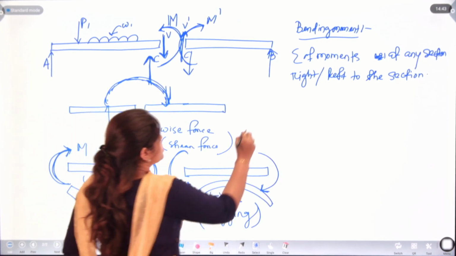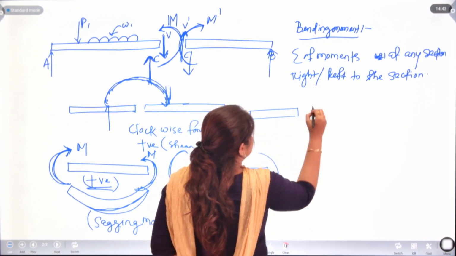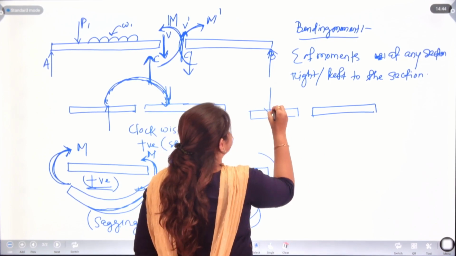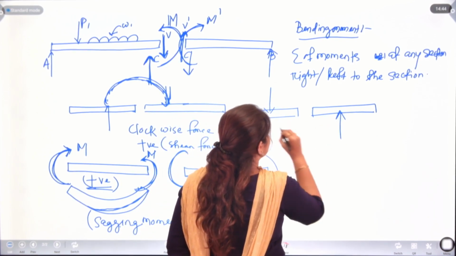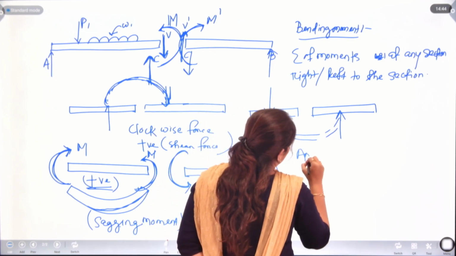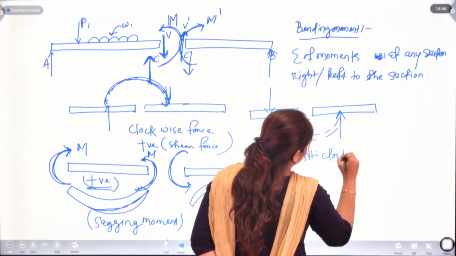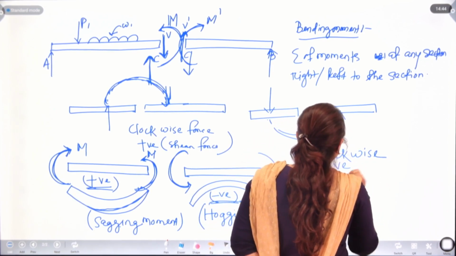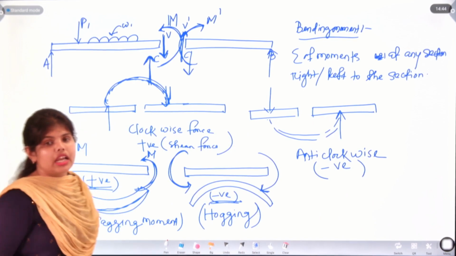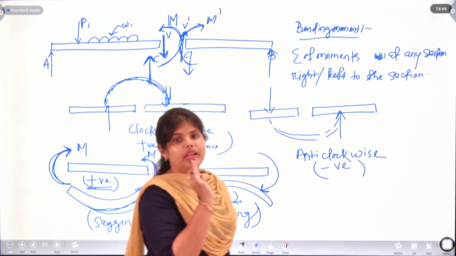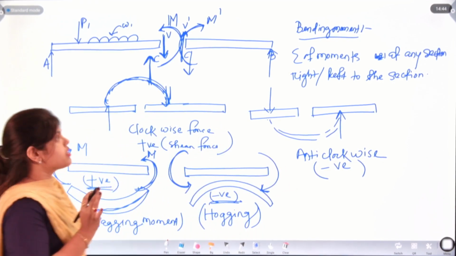And if the forces are acting anti-clockwise, anti-clockwise forces will always be negative. Now we know the sign convention part of clockwise and anti-clockwise type.